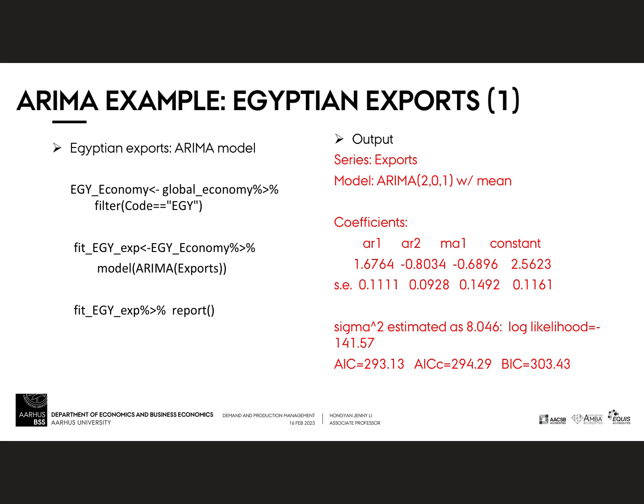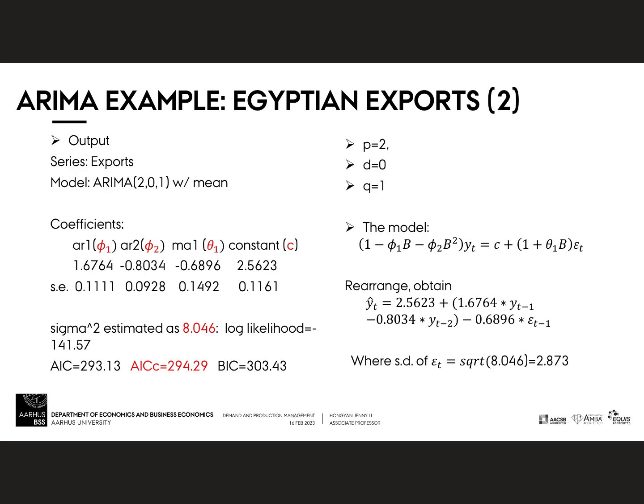We have the textbook example of this Egyptian exports time series, and we want to fit this model with an automatically fitted ARIMA model. If we extract the model parameters, we get an output here with the fitted values. Now we try to explain the model presented here. First, you have an ARIMA model given.